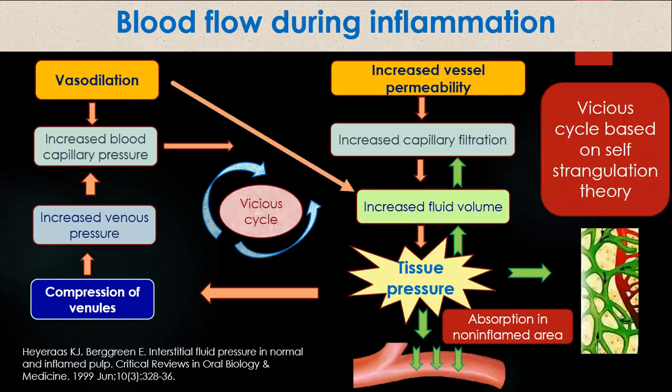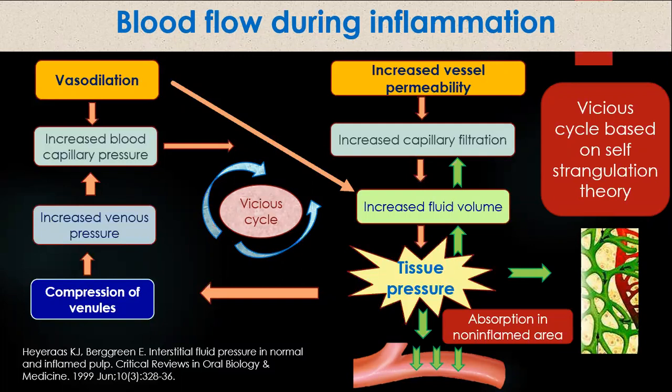Another thing is we have the lymphatics that pass along with the blood vessels to absorb the interstitial fluid, and the fluid would be drained through these lymphatics, and the blood volume would be returned to its normal state and it can be stopped.